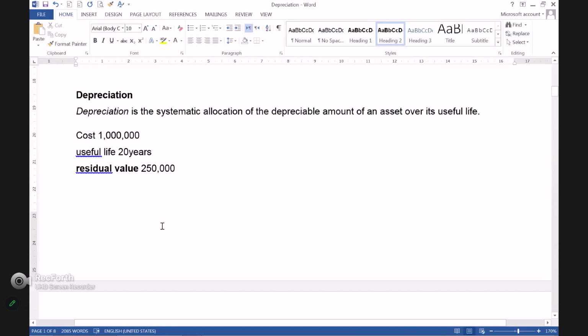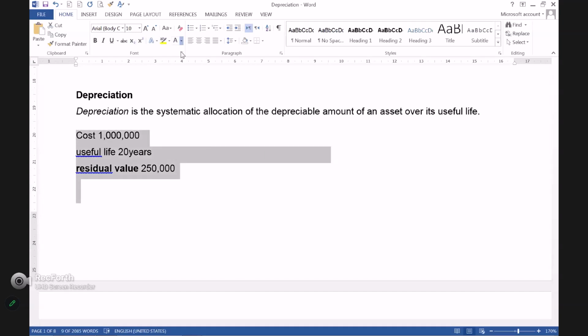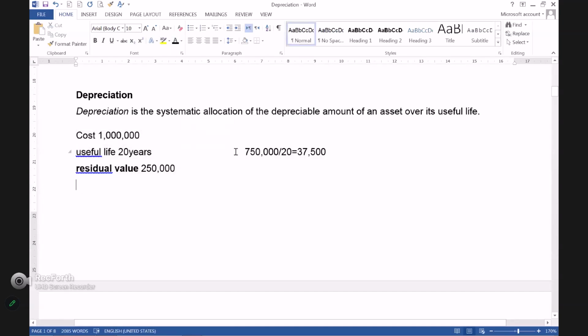So you have to calculate the depreciation. Here the residual value is given, so you have to deduct the residual value from the cost. Otherwise, if the residual value is not given, you can divide the cost by the useful life. Here you can see the depreciable amount is 750,000.